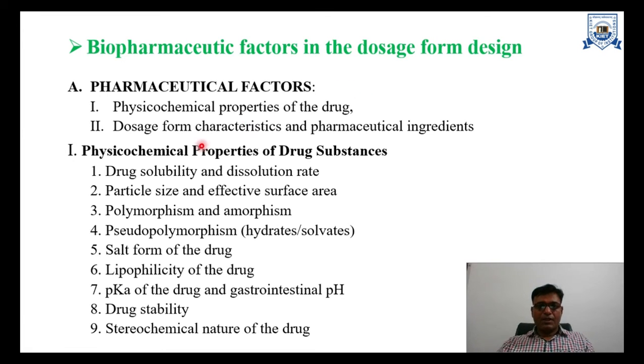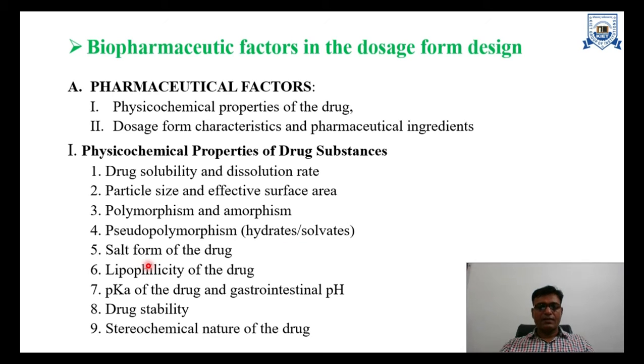So these pharmaceutical factors are of two types. The first is the physicochemical properties of the drug, and the second is dosage form characteristics and pharmaceutical ingredients. The physicochemical properties of drug substances are again subcategorized into different parts. Number one is drug solubility and dissolution rate, number two is particle size and effective surface area, number three is polymorphism and amorphism, and number four is pseudopolymorphism, that is hydrates and solvates.